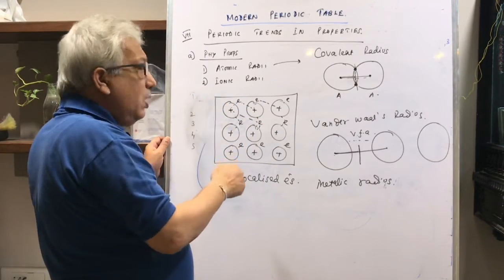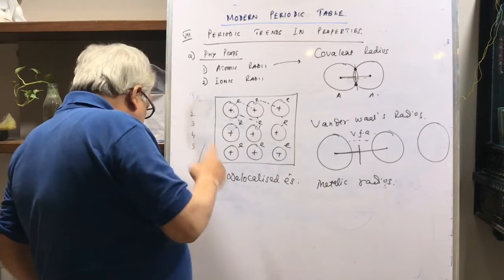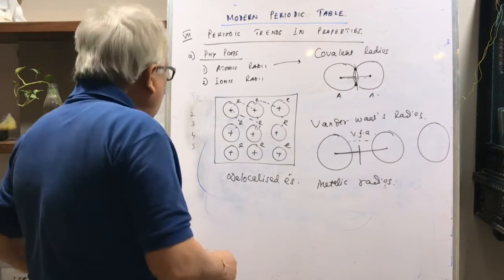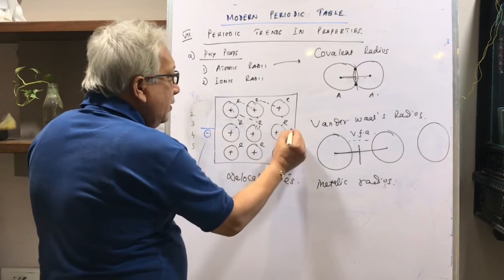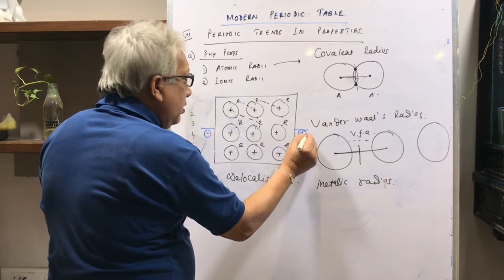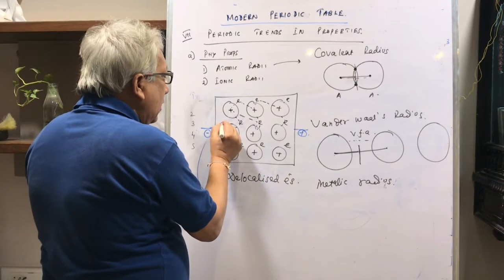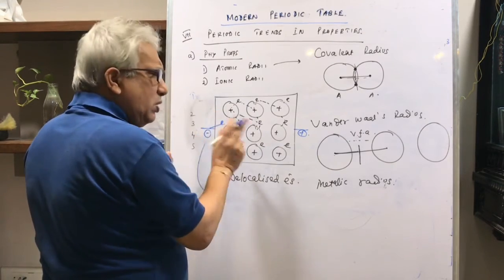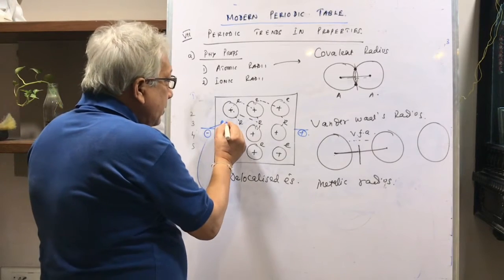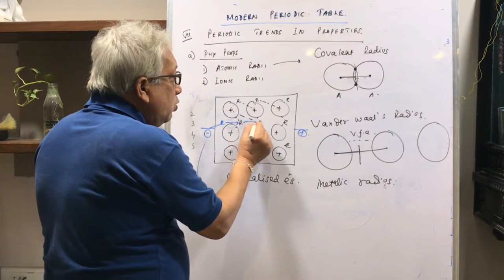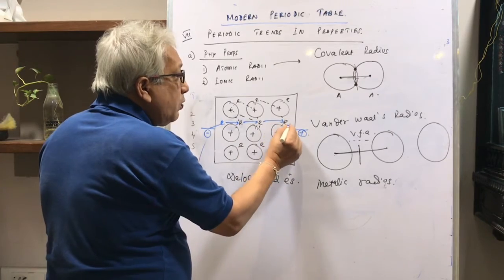Another thing, the electrical conductivity, how can you explain it? Suppose this end is connected to the negative terminal and this end is connected to the positive terminal. Children, from the negative terminal, electrons will enter, not just one, but hundreds and millions of electrons. This electron will push this one, this will push the next one, and this will come out.